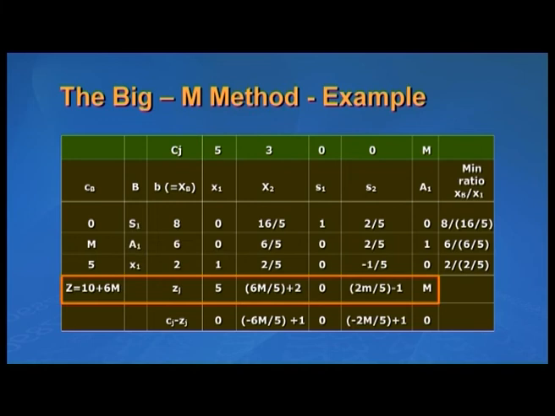The value of Z is 10 plus 6M. The values of Zj are 5, 6M by 5 plus 2, 0, 2M by 5 minus 1 and M. The values of Cj minus Zj are 0, minus 6M by 5 plus 1, 0, minus 2M by 5 plus 1 and 0.